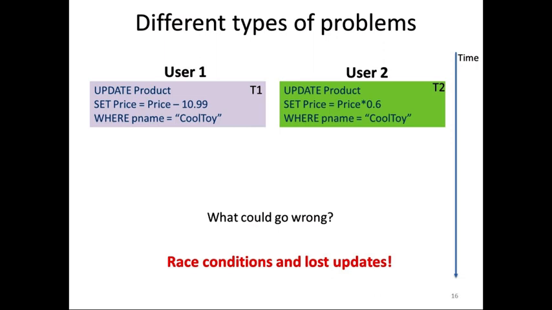Or if we invert these two operations, and if T2 writes first and then T1 writes after, we end up with a price of 9.01. So either way, depending on who writes first and who writes second, the price will be either 9.01 or 12. And this is exactly what we will call a race condition, and this is what we'll also call a lost update.